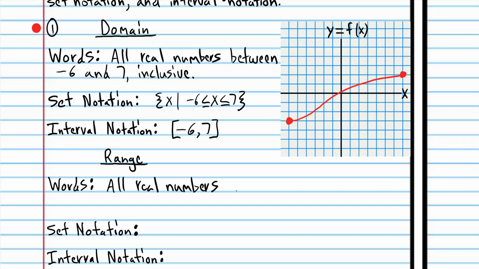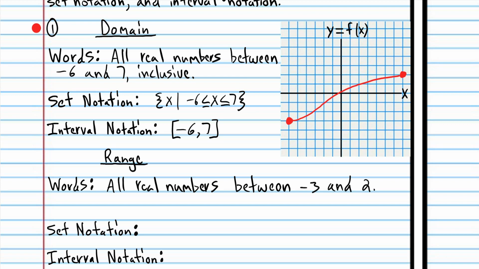All real numbers between -3 and 2, because the y value of this point is 2 and the y value of this point is -3.